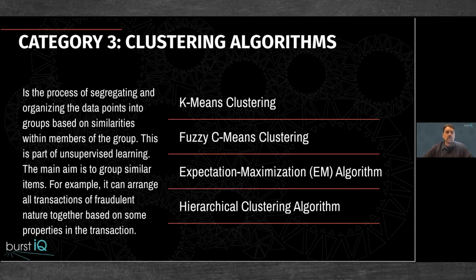Clustering. Now, clustering, I'll tell you, is the most fun and most interesting of the 3 algorithms to me, because this is one that has an unsupervised learning aspect to it. This is where you have data that has multiple variables, doesn't have a linear function to it, and you're looking for how different data points belong together.